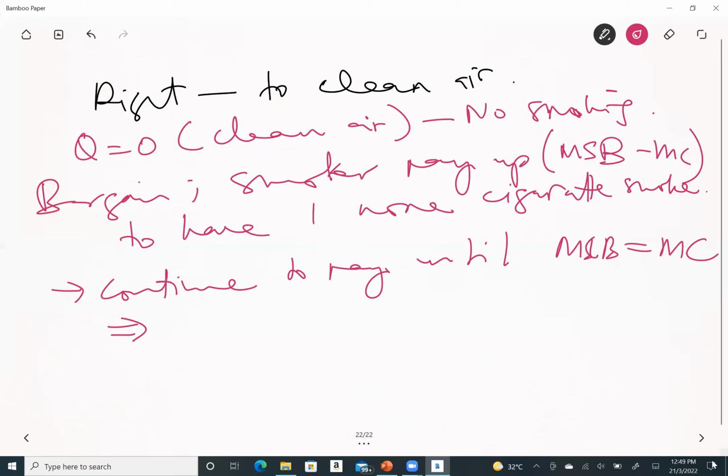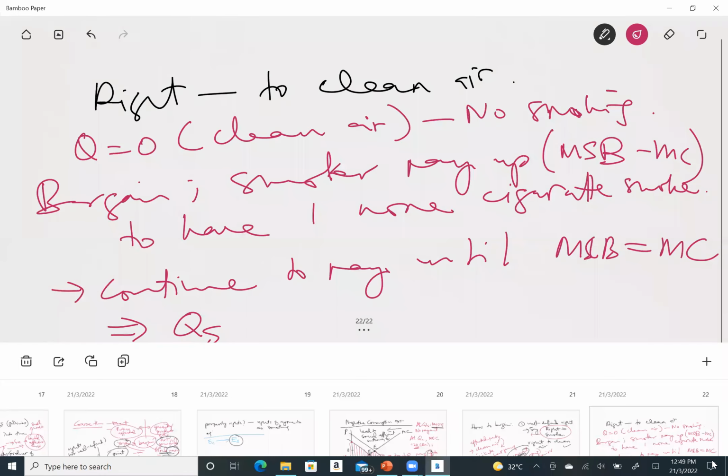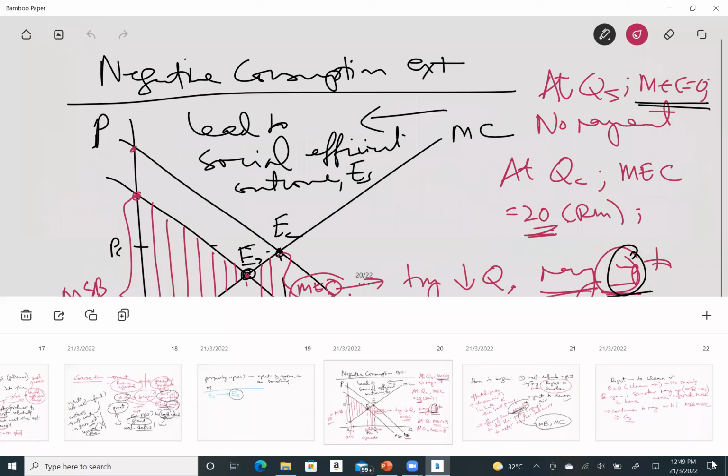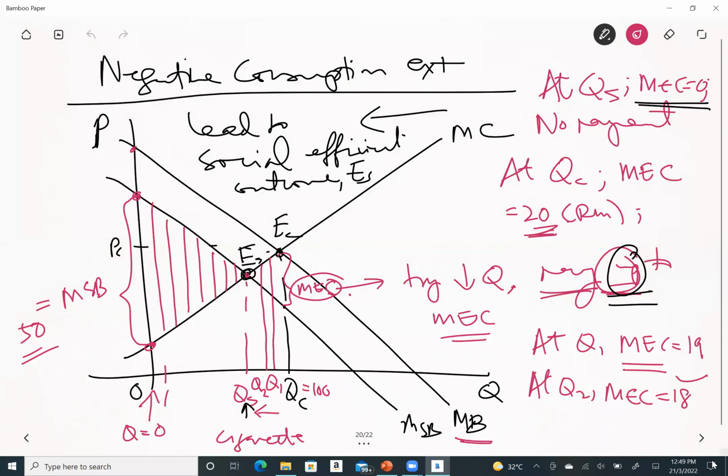That will be QS, leading to the social equilibrium outcome. So either you have the property right to clean air, or the other party has the right to smoke, the bargaining will lead to ES. That is the argument of the Coase theorem.